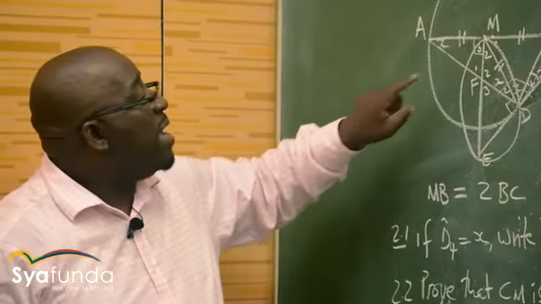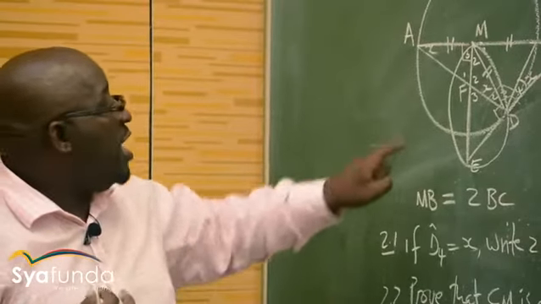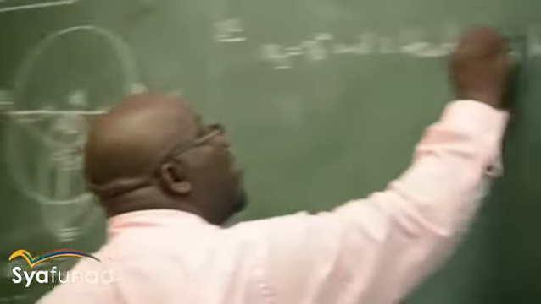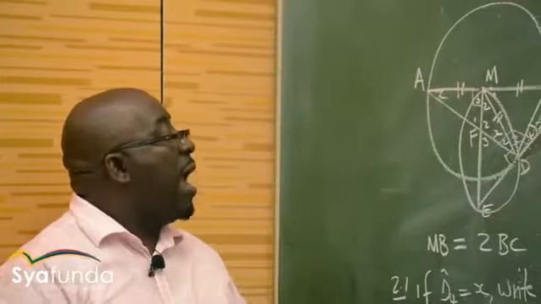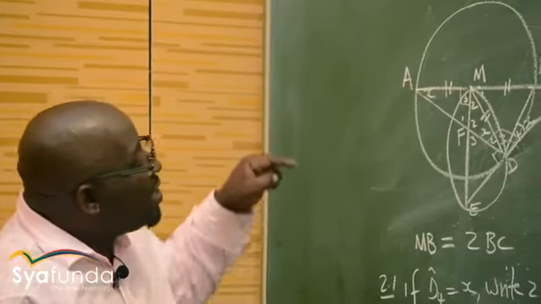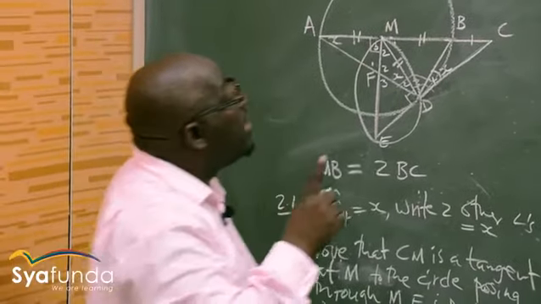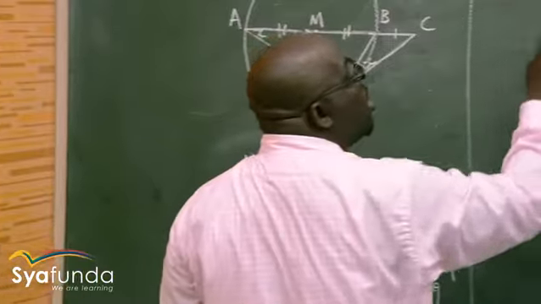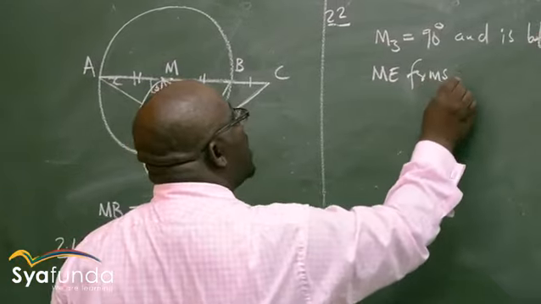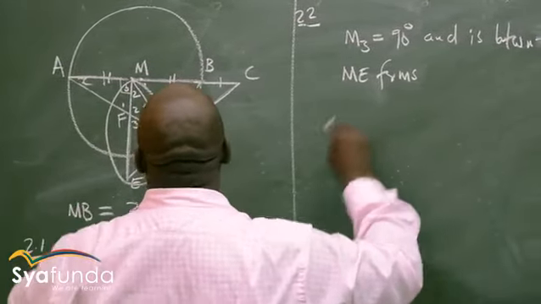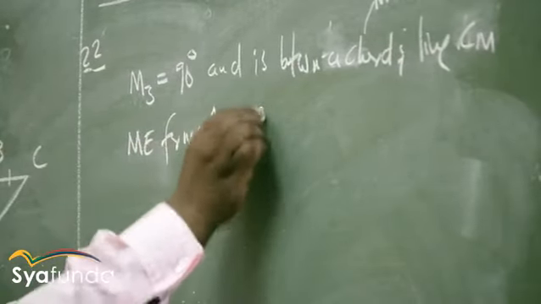So we know that M3 is equal to 90 degrees. It is between a chord. What is our chord here? In this particular case, our chord is ME. We take ME as a chord in this circle. This chord subtends angle D at the circumference, which is equal to 90 degrees.